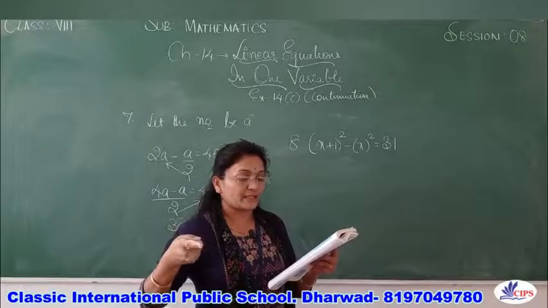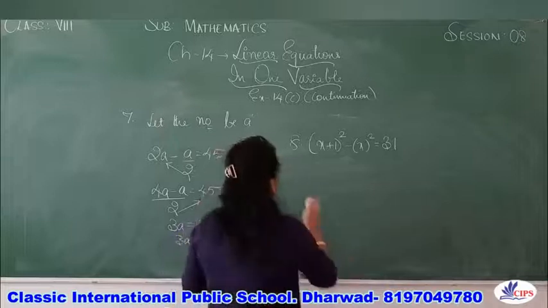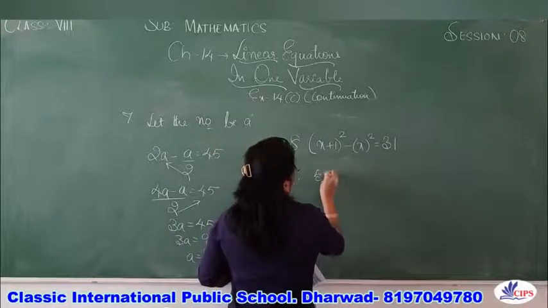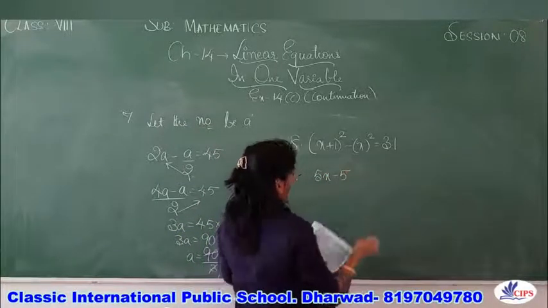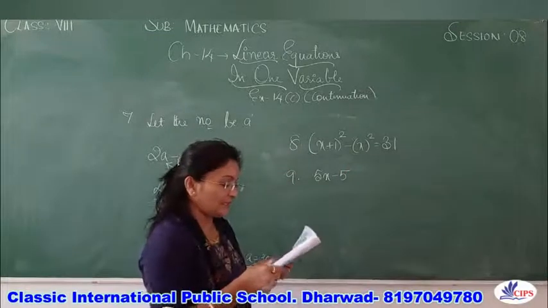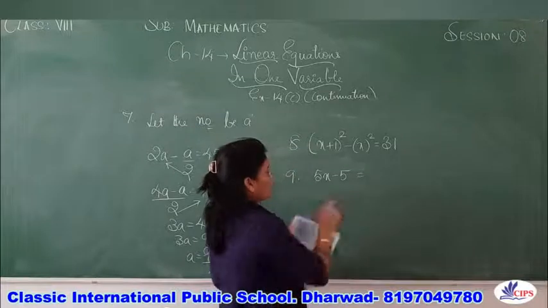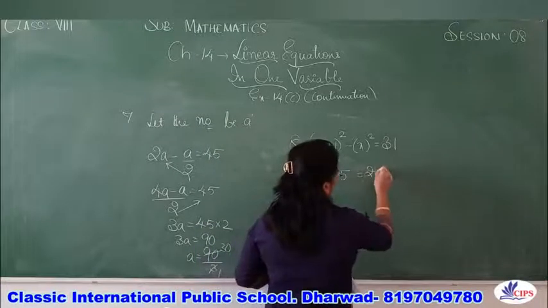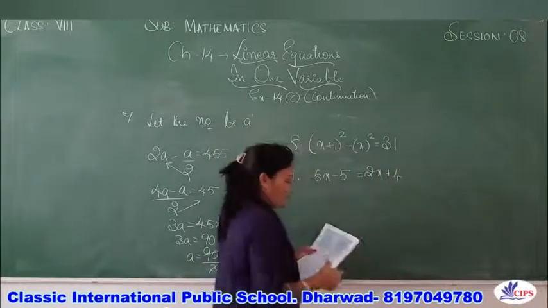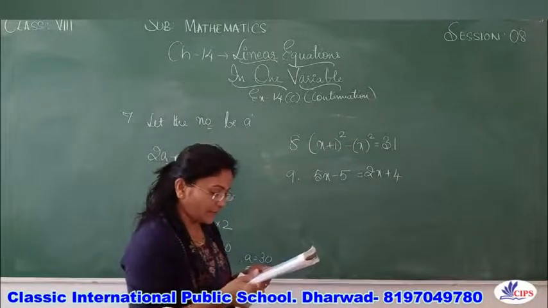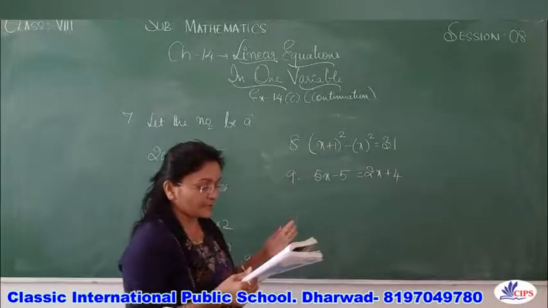Then 5 when it is subtracted from that, it will become 5x minus 5. 5x minus 5, and the result means after equal to 4 more than twice the number. So our number is x, twice the number will be 2x plus 4. Got it? So our equation is 5x minus 5 equals to 2x plus 4.